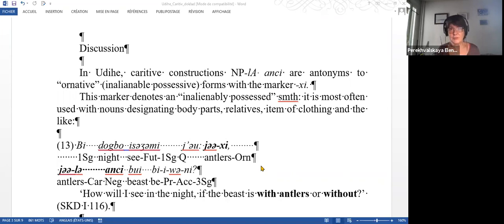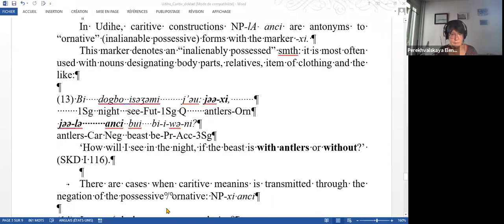It's like женатый, something like that. So this marker denotes inalienably possessed something, and most often it is used with nouns designating body parts, relatives, items of clothing.